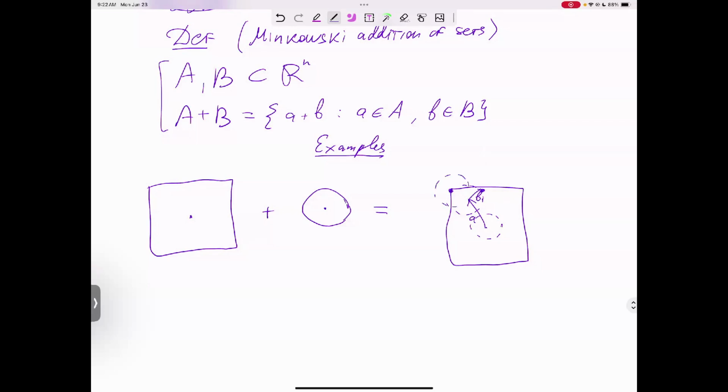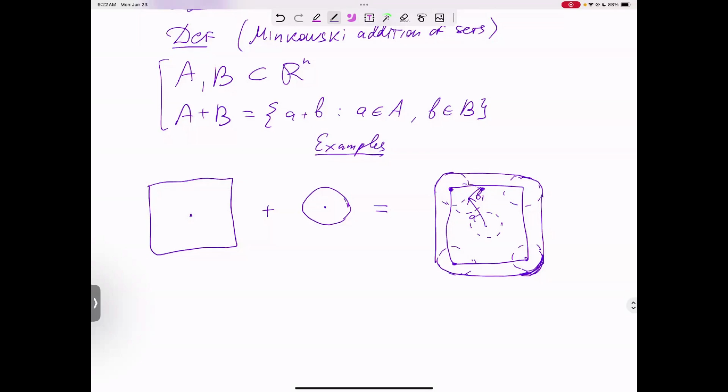So I draw my ball here, and here, and here, and it's as if I basically move my ball around like this. And I get sort of a square with round corners. All right, that's one example of Minkowski addition.